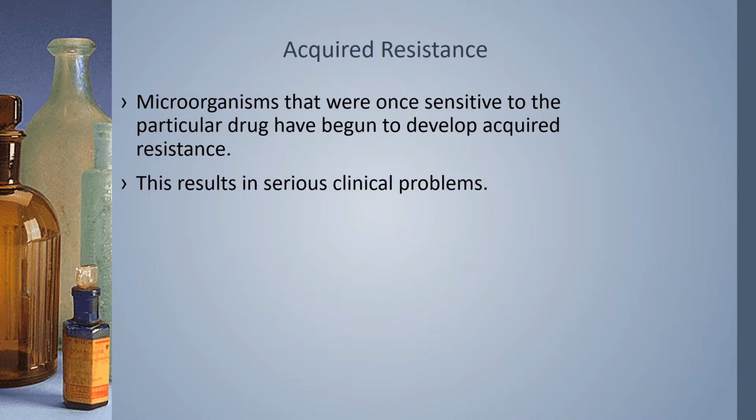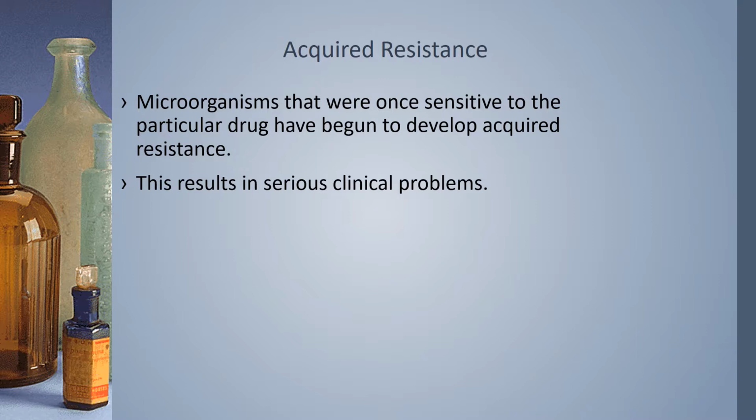Okay, so what does that mean? It means that MRSA has acquired a resistance to all the different types of penicillins over time, so that the penicillin's therapeutic action of inhibiting cell wall synthesis is no longer effective on that strain of bacteria.